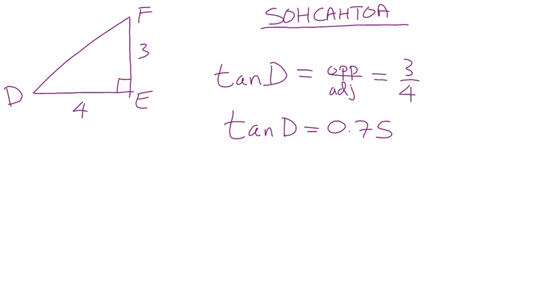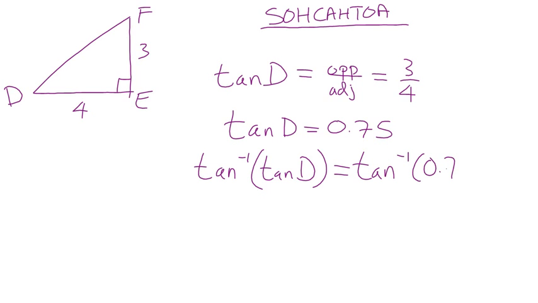What's D? How do we undo a tan? It's sort of like if I had the square root of x equal to 9, then what would I do to both sides?